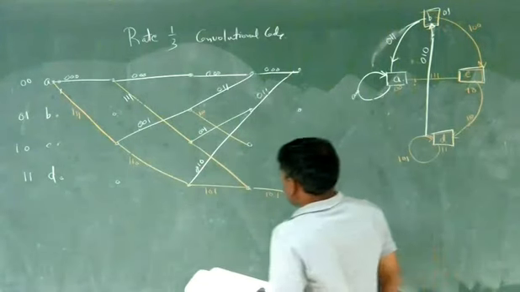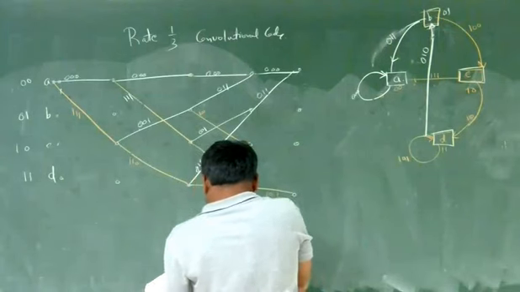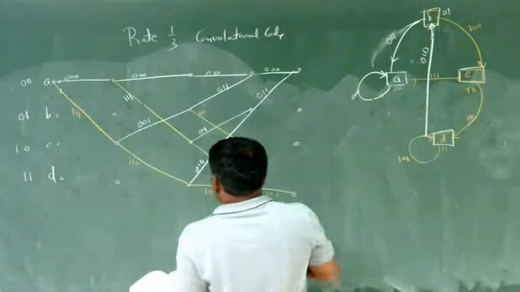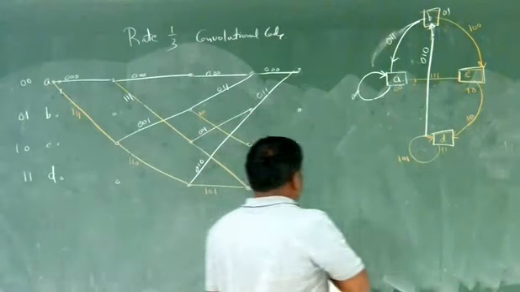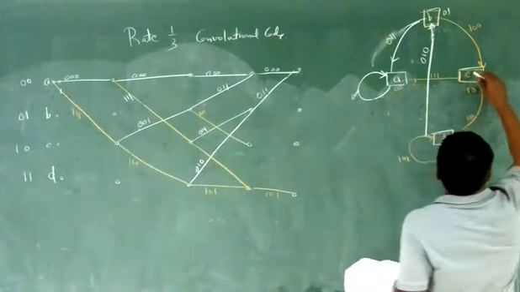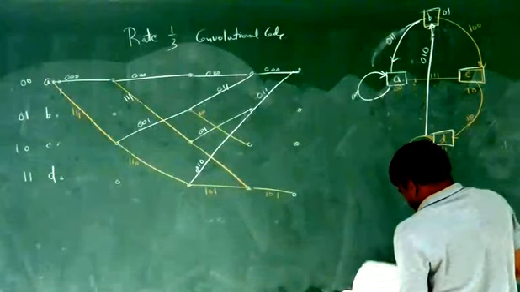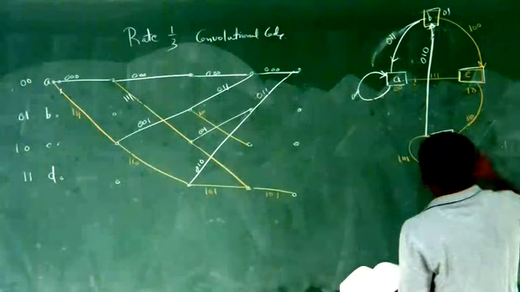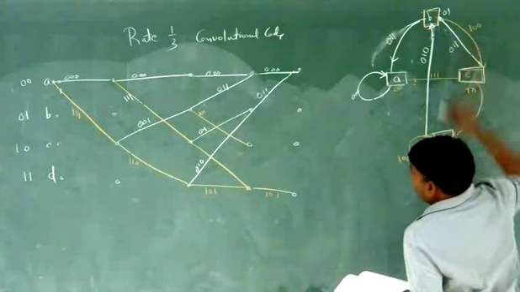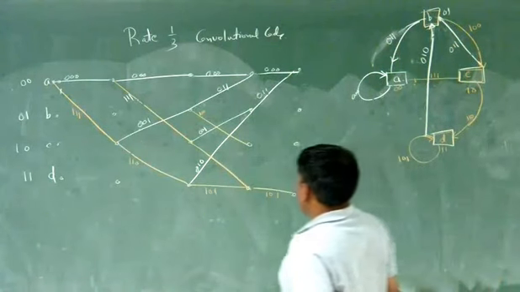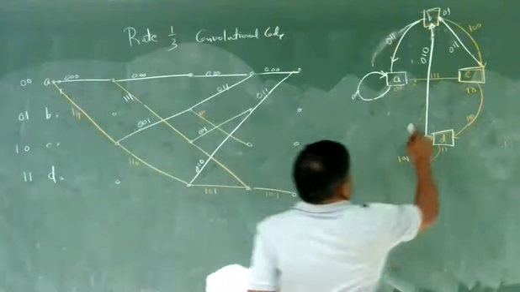And from C you can also go back to B, 0, 1, 1. Is it 0, 0?